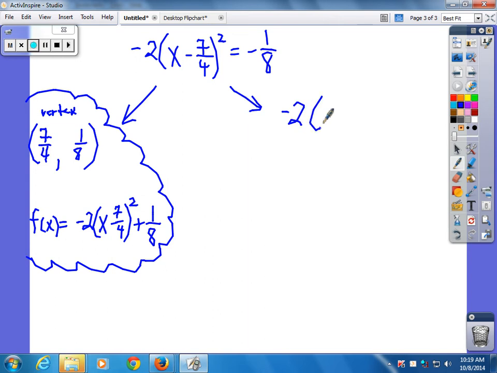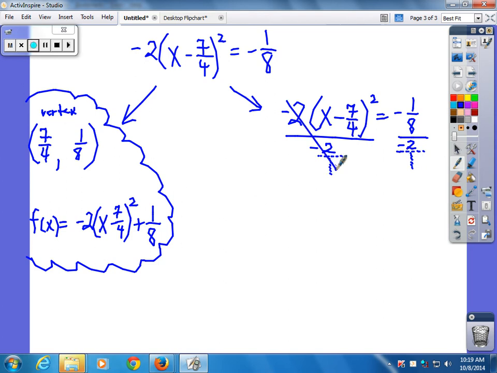-2 times (x minus 7/4) quantity squared is equal to -1/8. Now I'm going to divide this side by -2, and divide this side by -2. -2 over -2 is 1, and that goes out.